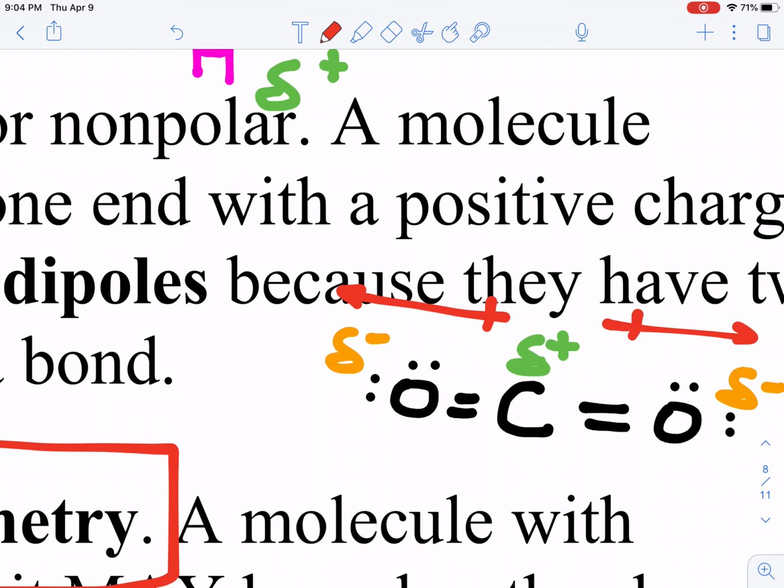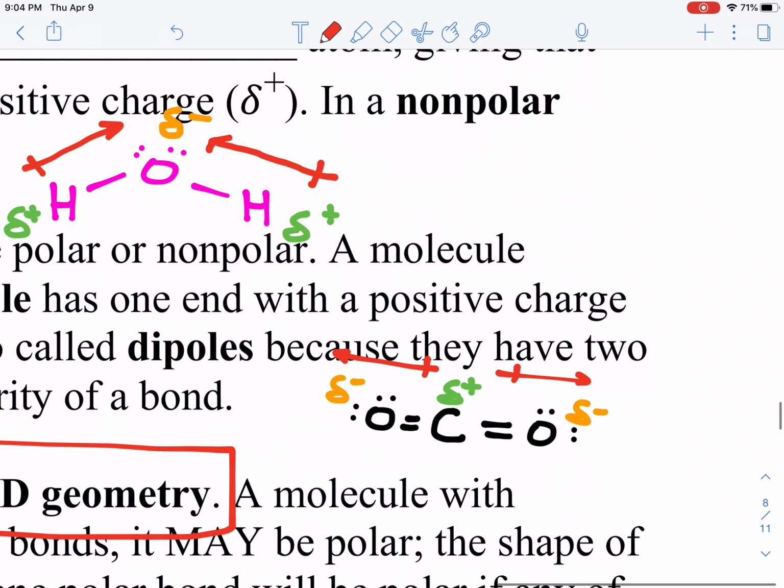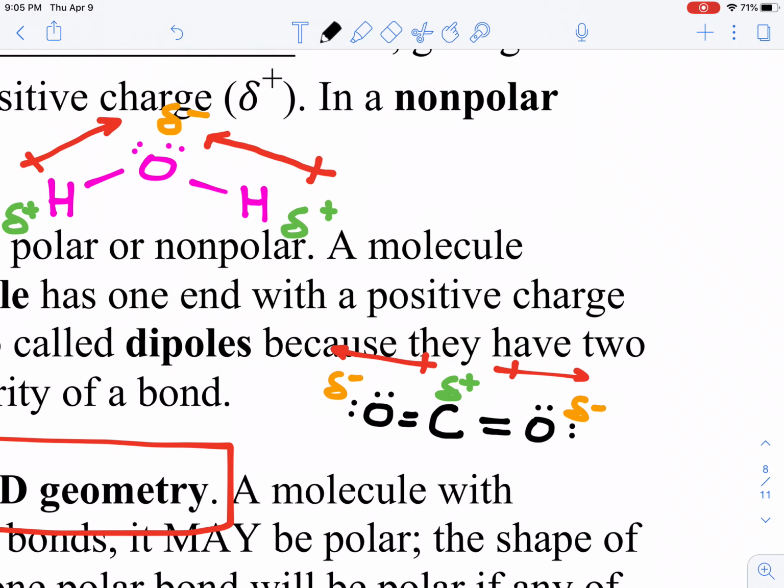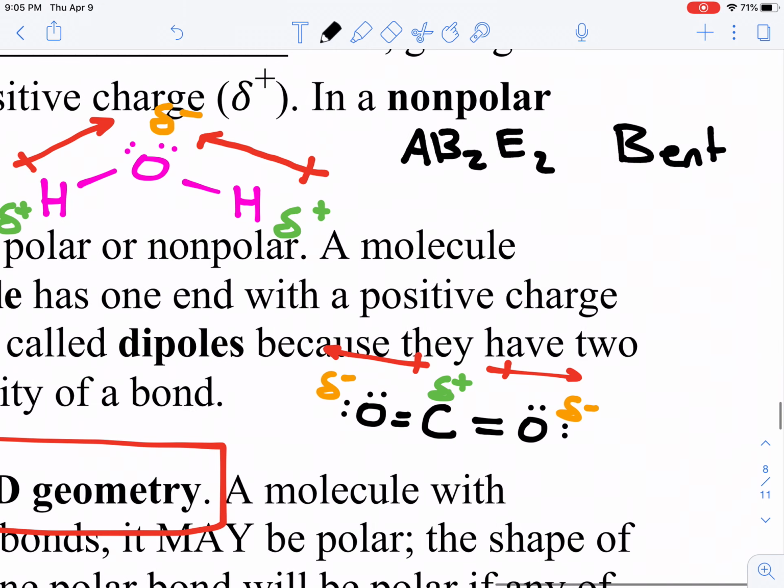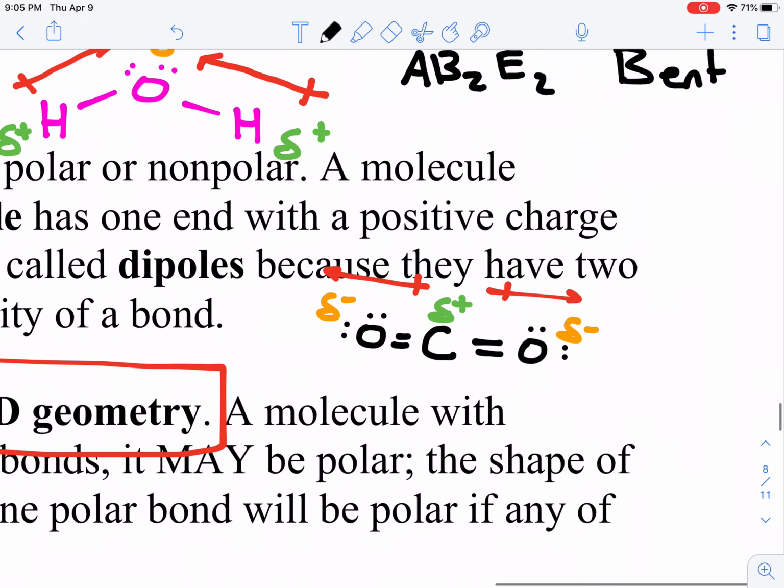But if you do the VSEPR models, you will realize that water is AB2E2, which means it is bent, and carbon dioxide is AB2, which means it is linear.